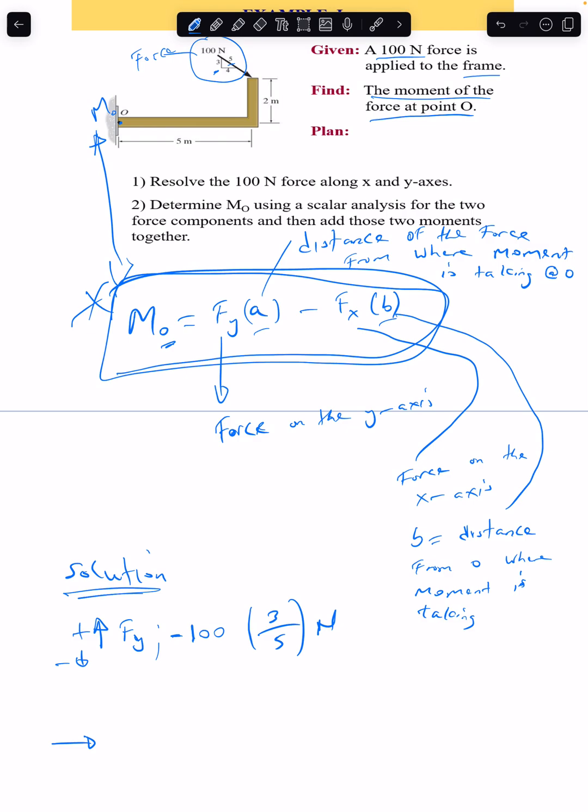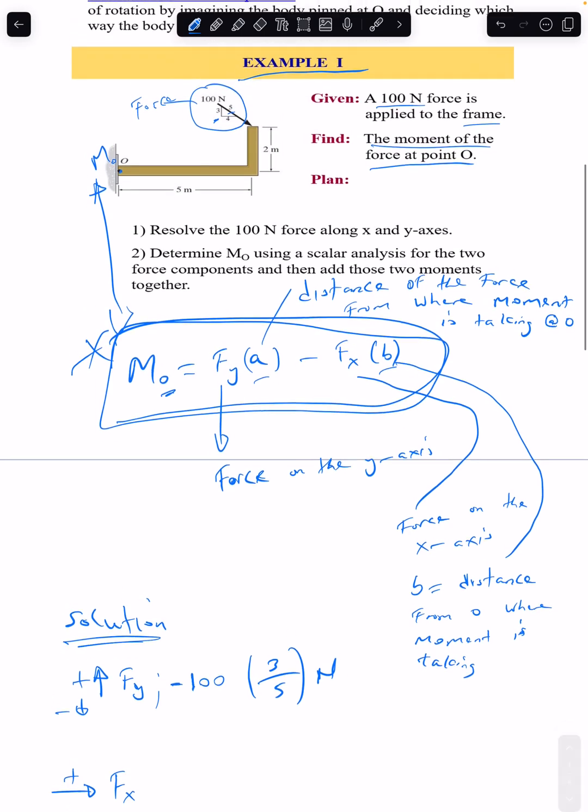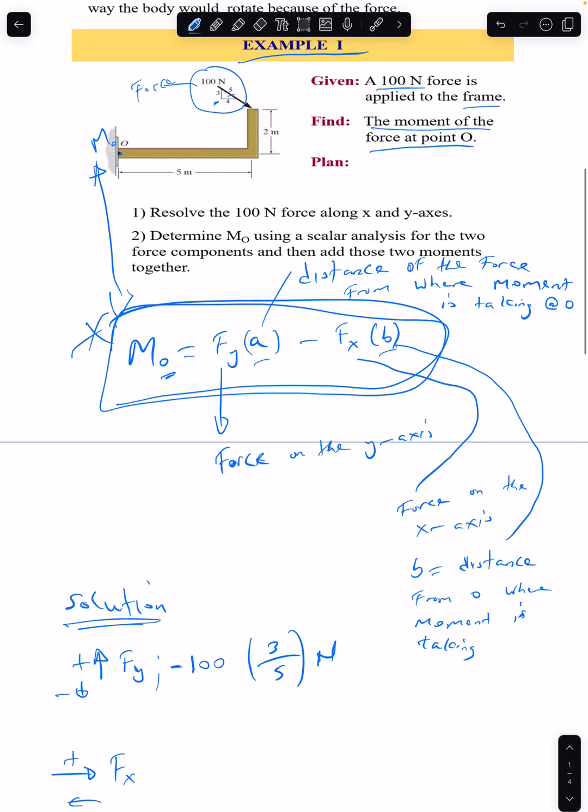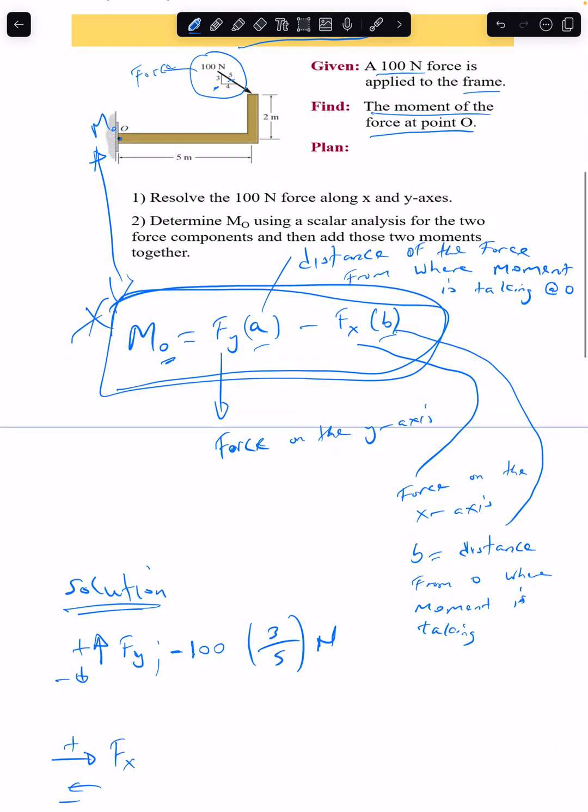I have to resolve the force now on the x-axis. This direction is positive and this direction is negative. So I look at that force. It goes towards the x, in this direction, so it is positive on the x-axis.